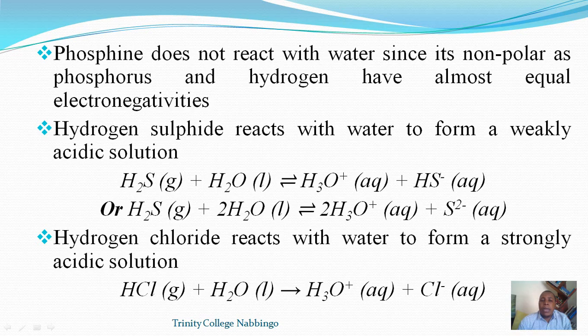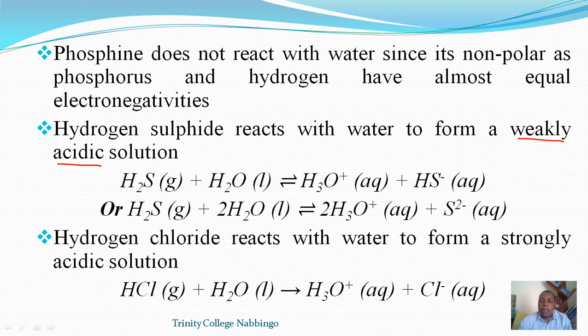Hydrogen sulphide, on the other hand, dissolves in water to form a weakly acidic solution. Hydrogen chloride reacts with water to form hydrochloric acid.